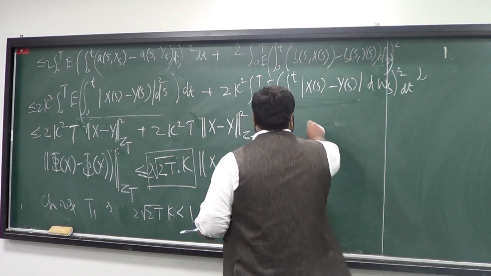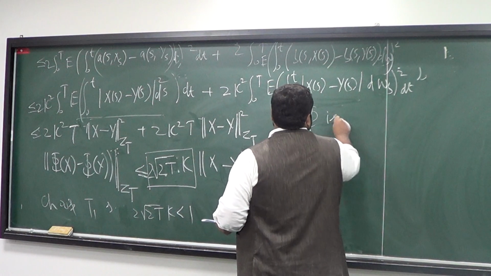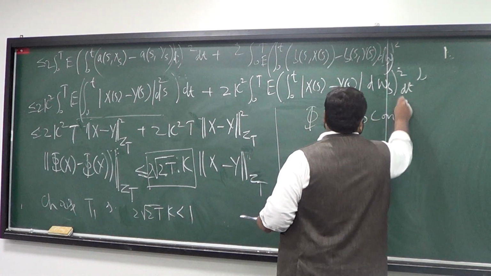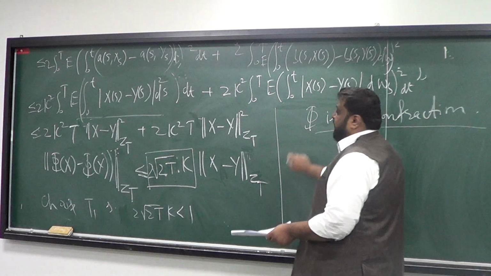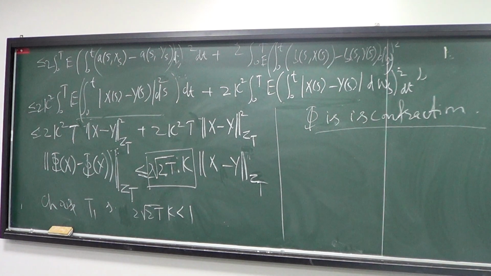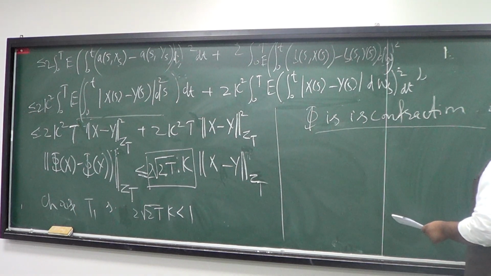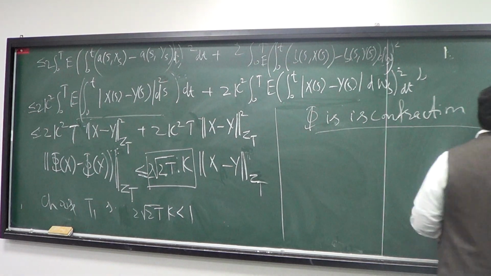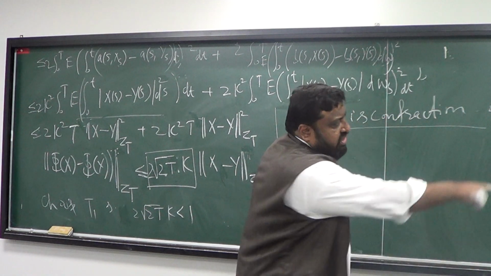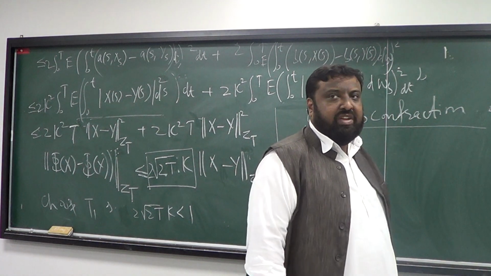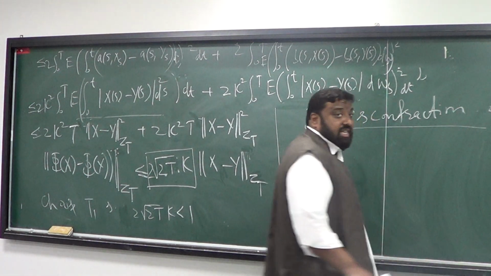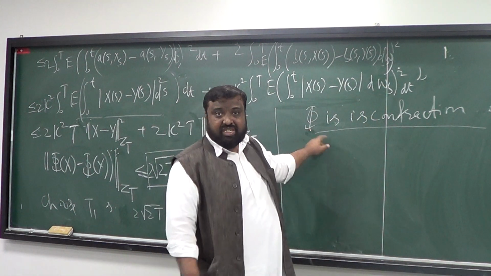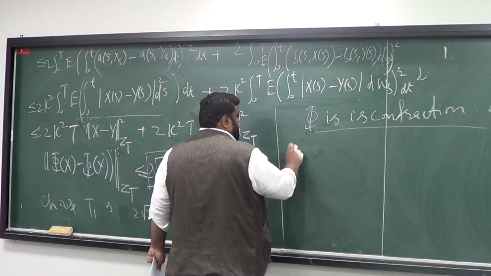So phi is a contraction on 0 to t1. I'm not going into step 3; you see it for yourself. Directly going to step 4, by the Banach fixed point theorem, I can say that there exists an x.